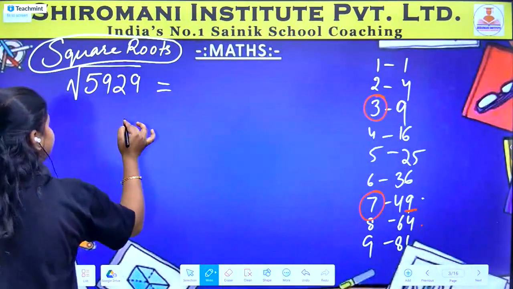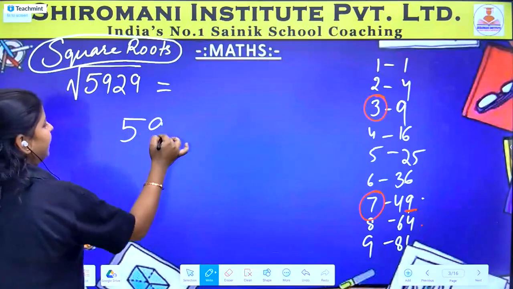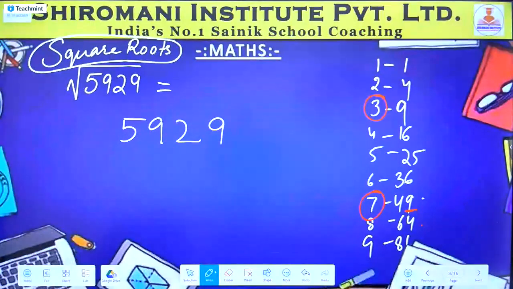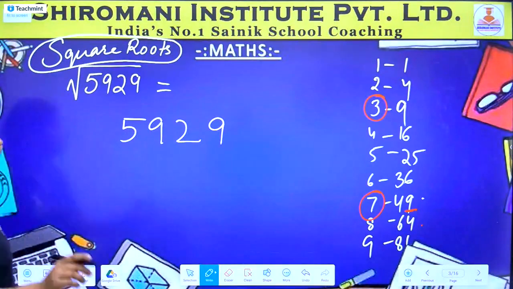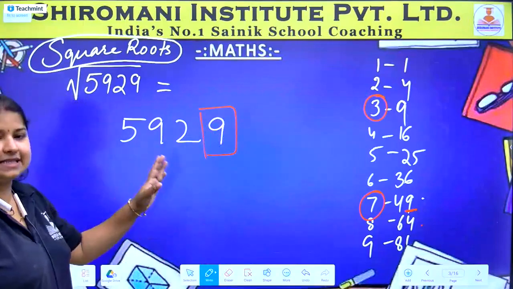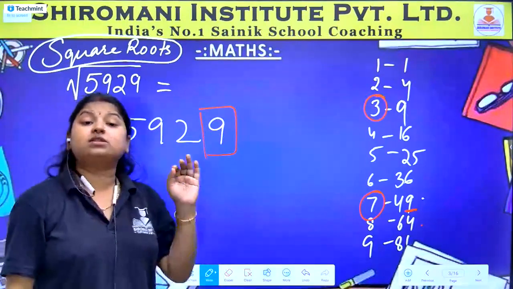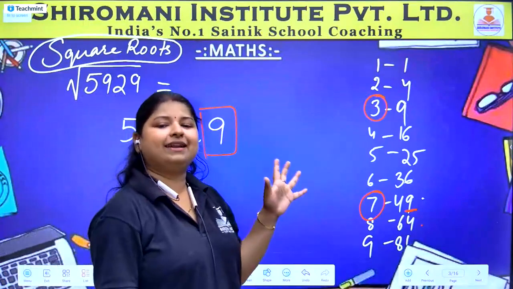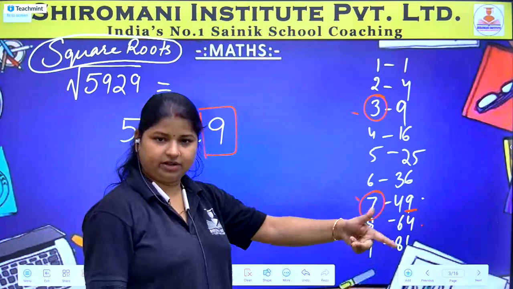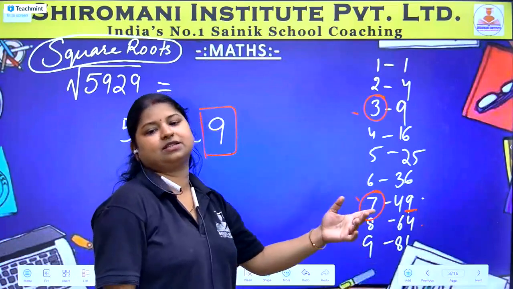See, it's very easy, beta. If you have 5929 and you need to calculate its square root, first step, see the last digit. The last digit is 9. In which squares do we have 9 at the end? 3 and 7, right? 3 ka square is 9, 7 ka square is 49.